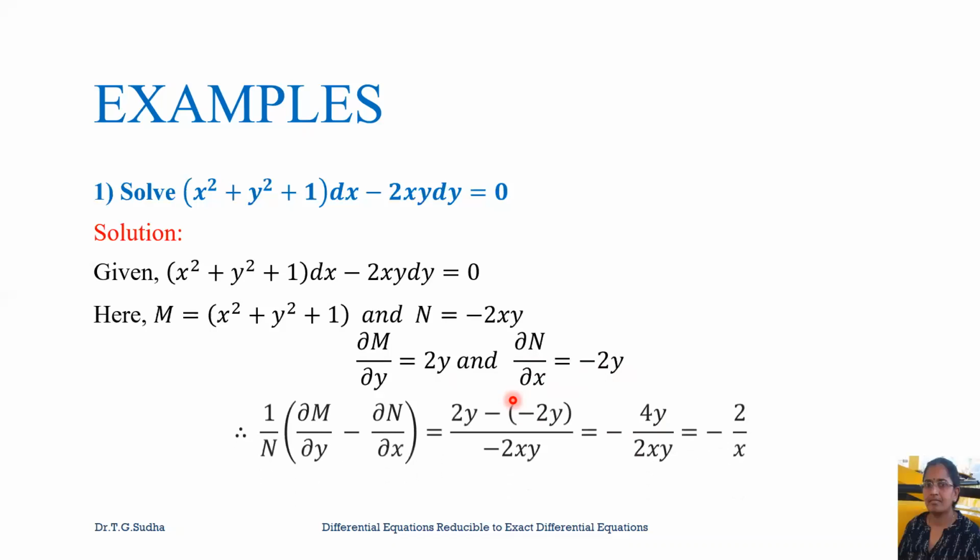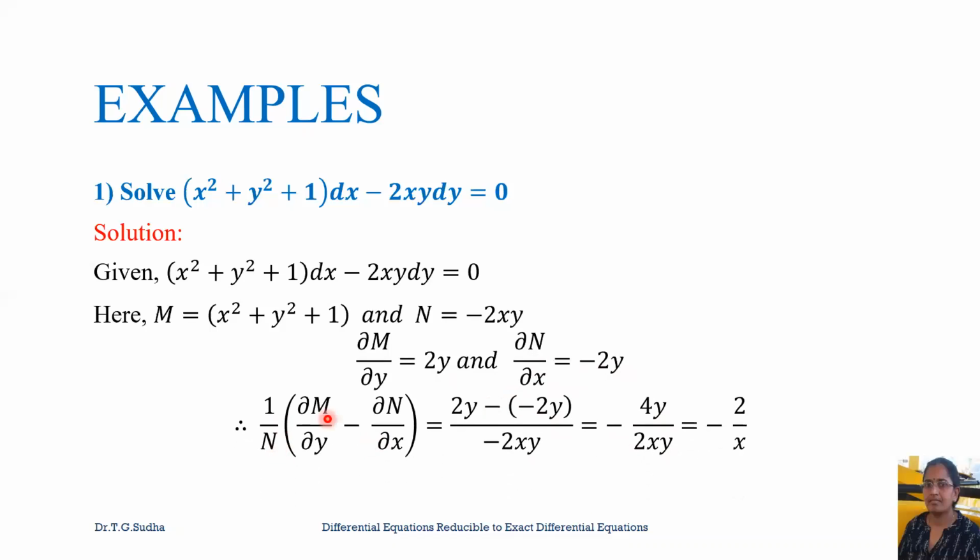For this, let us consider 1 over N into (∂M/∂y minus ∂N/∂x). ∂M/∂y is 2y, minus ∂N/∂x is minus of minus 2y, so we get (2y plus 2y) divided by N. So here we have taken 1 by N, so when we divide by N, that is minus 2xy, this on simplification gives us 4y in the numerator, minus 2xy in the denominator.